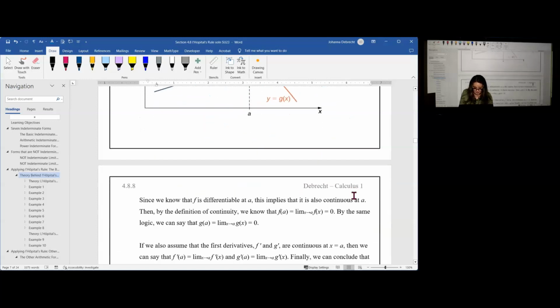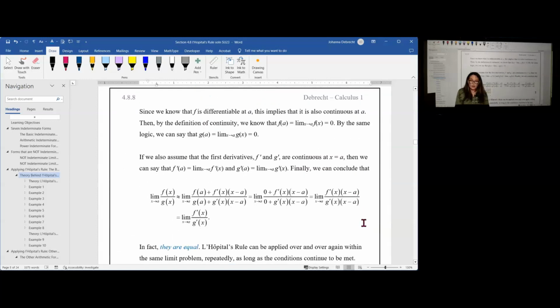Now, what can we say about this? Because we know the derivative exists at A, then we know it has to be continuous. If it's differentiable, then it's continuous. If it's continuous at A, by the definition of continuity, the function exists, the two-sided limit exists, and they're equal.